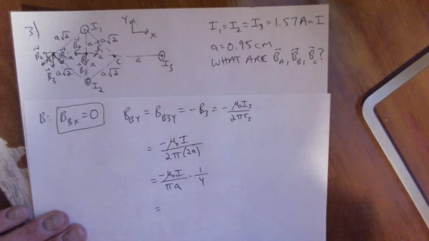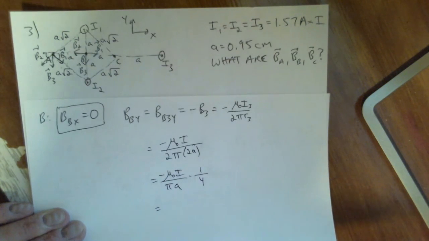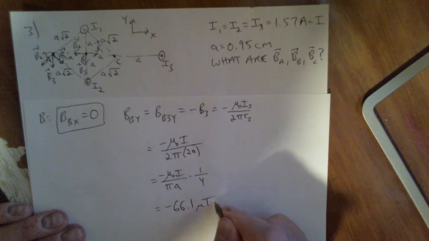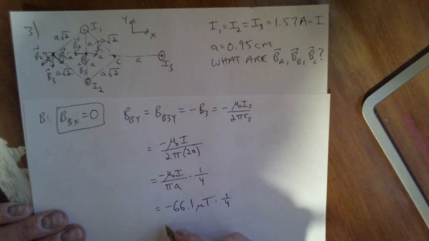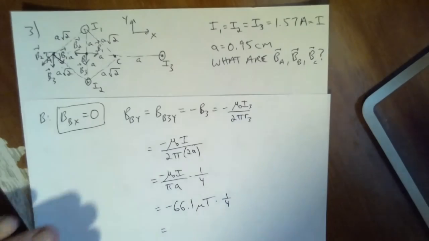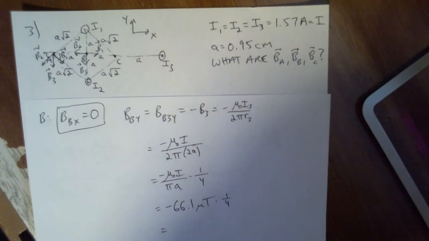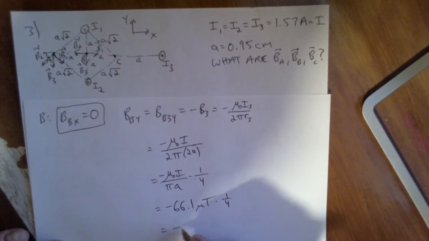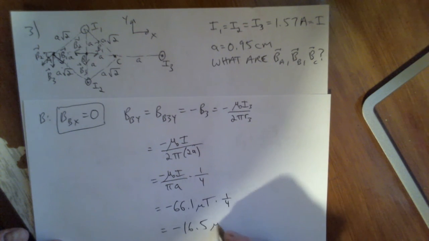So that mu sub naught I over pi A, that was the minus 66.1 microtesla times 1/4. So that comes out to be 66.1 divided by 4 is 16.5, and it's minus 16.5 microtesla.